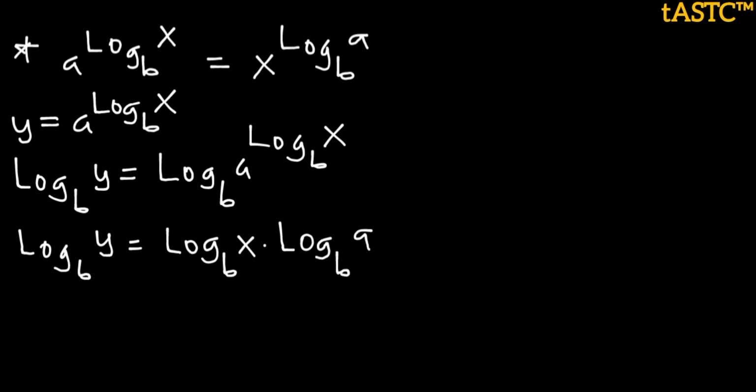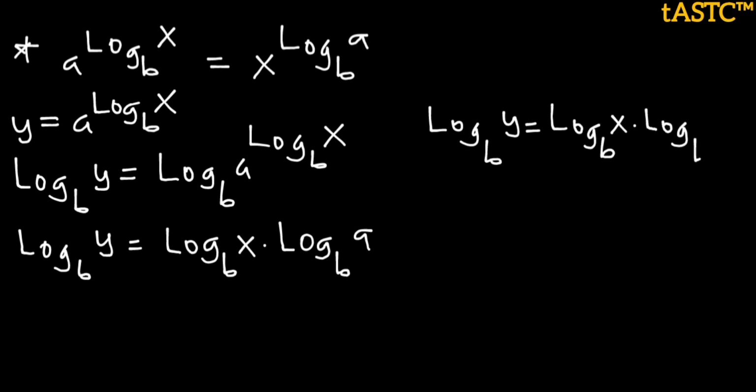So I just need to place this expression somewhere. Log to the base b of y is equal to log to the base b of x multiplied by log to the base b of a.